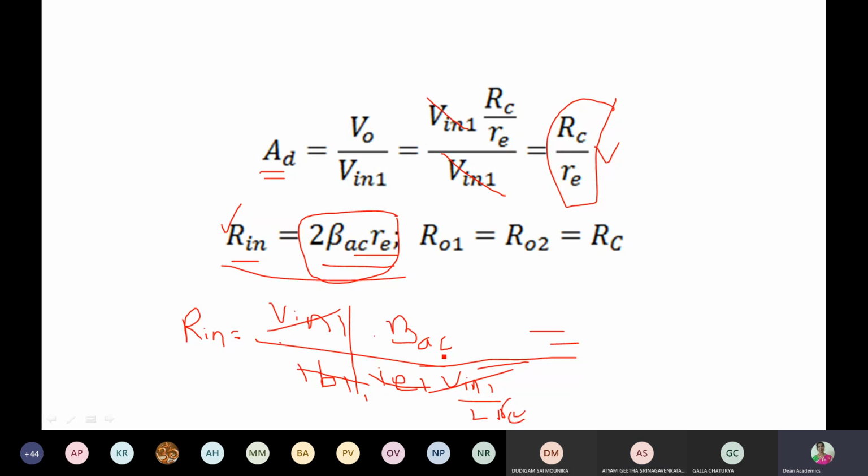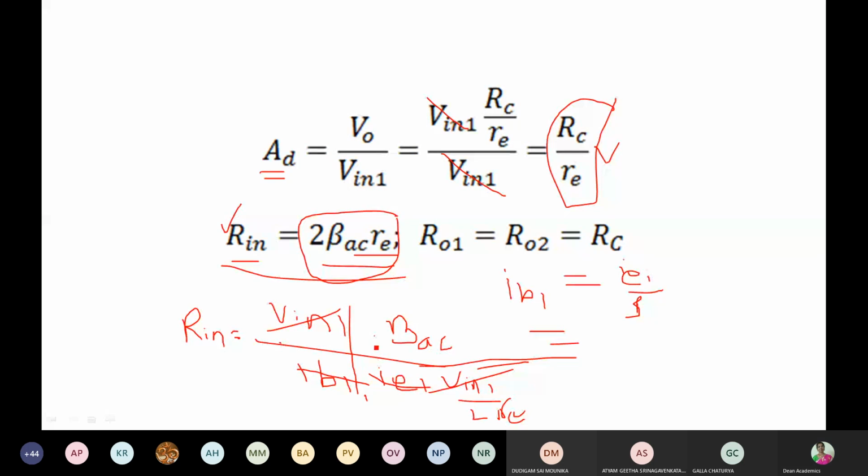Yes, ma'am. Okay, right. Now you express what IB1 is. IB1 is equal to IE1 by beta AC, right? So in place of IB1, you write IE1 by beta AC.